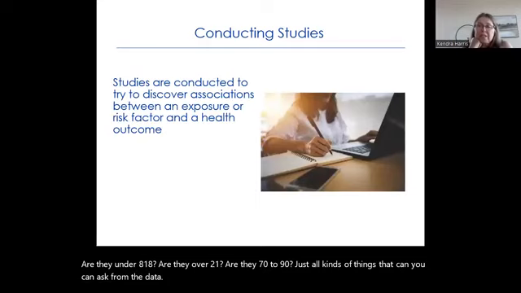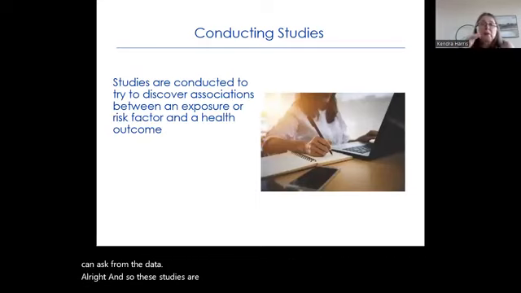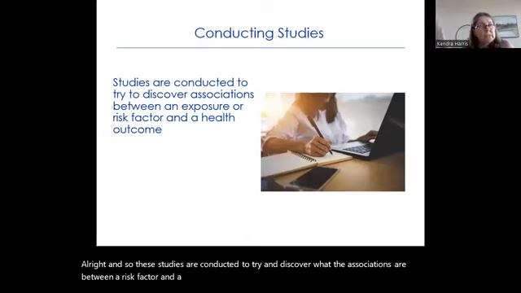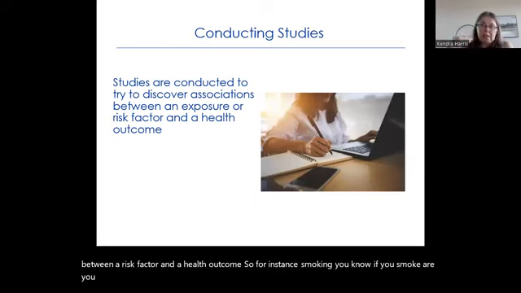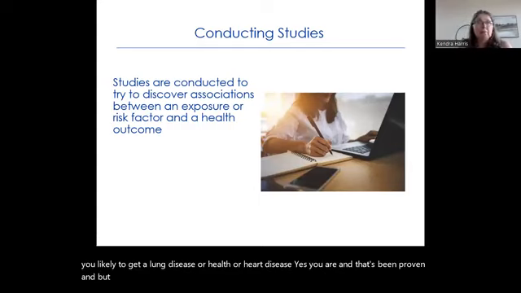All right. These studies are conducted to try and discover what the associations are between a risk factor and a health outcome. For instance, smoking: if you smoke, are you likely to get lung disease or heart disease? Yes, you are. And that's been proven. But back when my aunts and uncles and grandparents smoked, they had no clue.